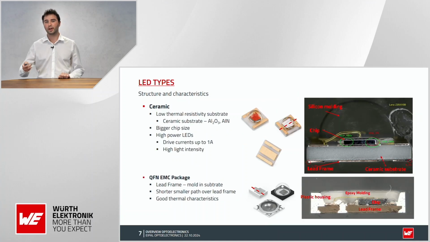If you want a little bit higher power, so you want to put more current through the chip, or you want more light, then you want to use ceramic or QFN EMC packages. If you want a higher power, of course you need a larger chip. And with a larger chip, and if you use a higher current, then you get more electrical energy being dissipated as heat. This is why you have more thermal dissipation that you need to take care of.